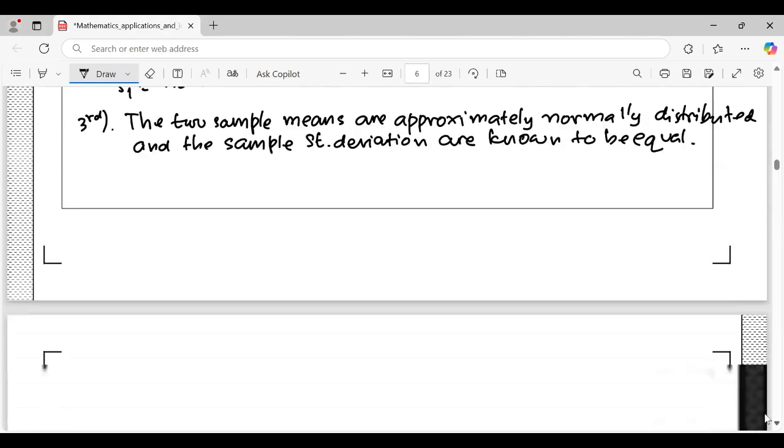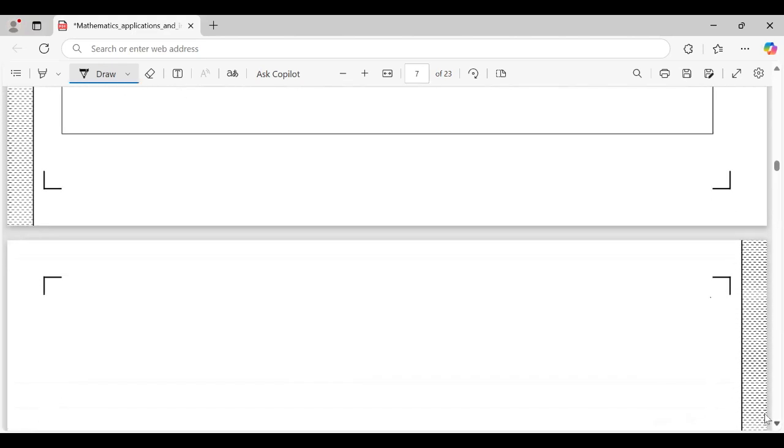And the next step, the fourth step, is the test statistic.